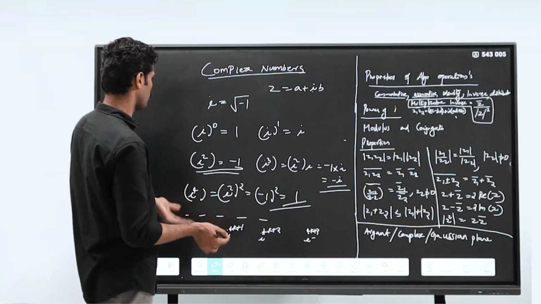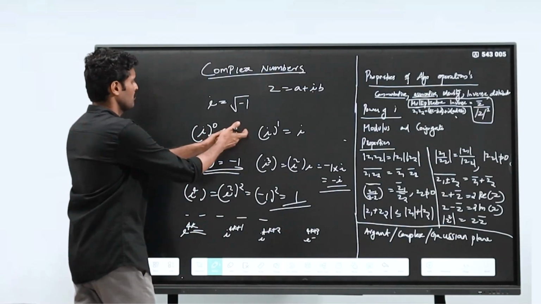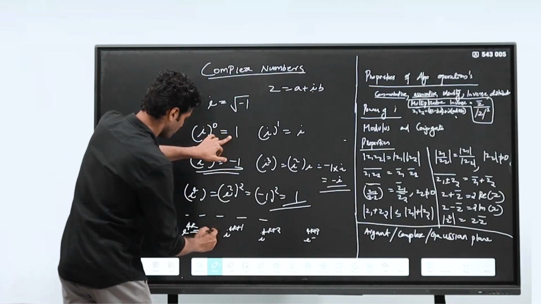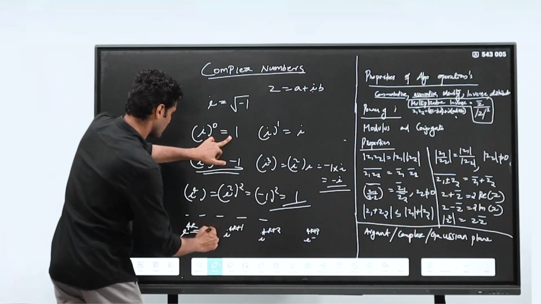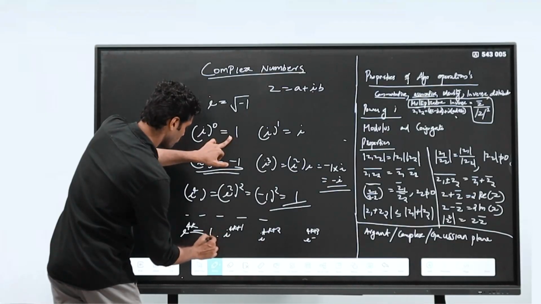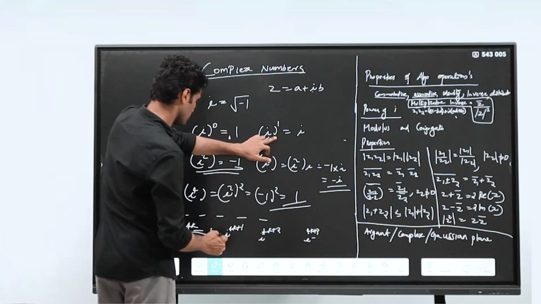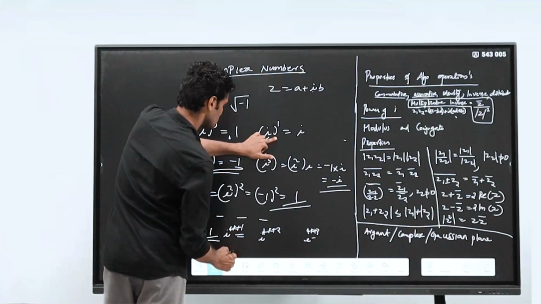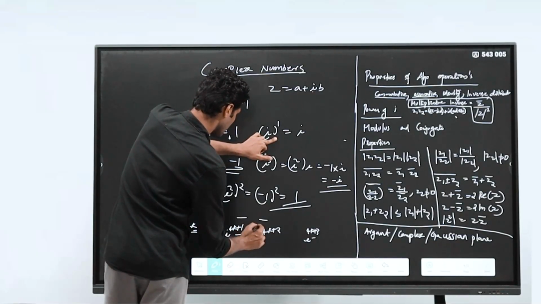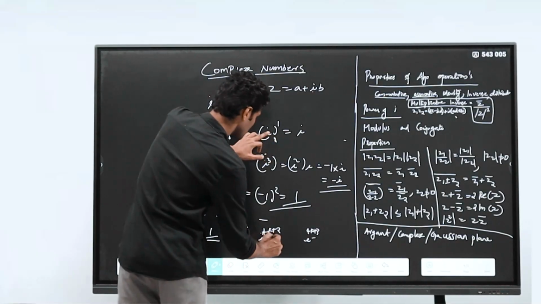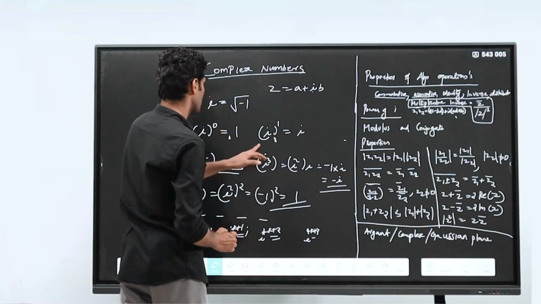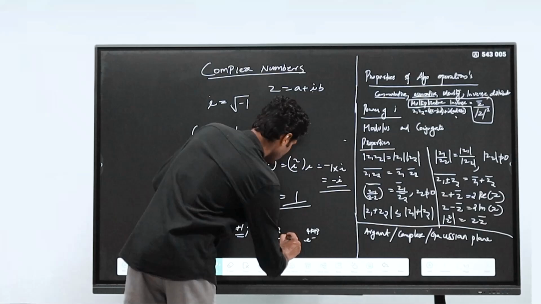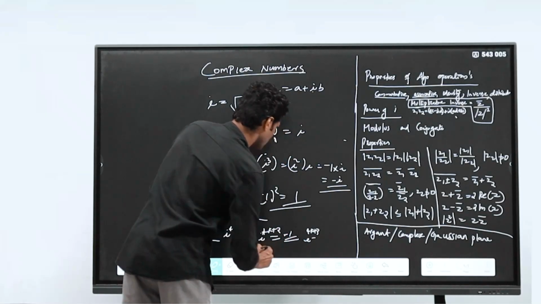Then what is I raised to 4k? I raised to 4k will be I square whole square, which is 1. I raised to 4k plus 1 will be I, and I raised to 4k plus 2 will be minus 1.